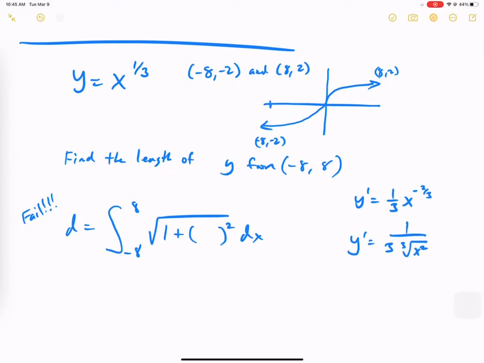Now, does this derivative exist between negative 8 and 8? And this is like a pre-calc skill. What value does it not work at? When we're working with rational functions, this does not work when x is 0.